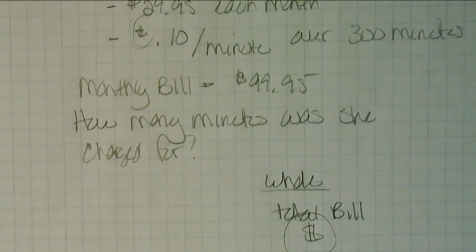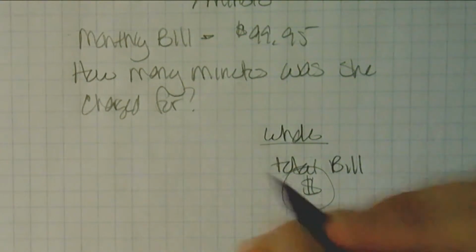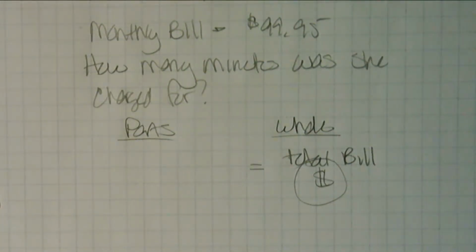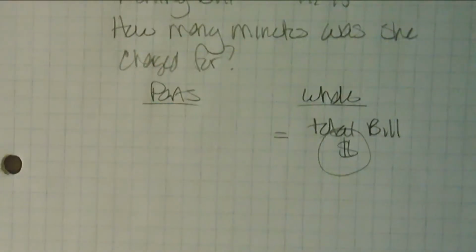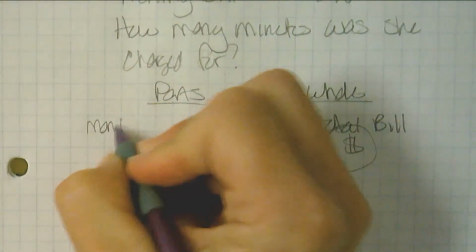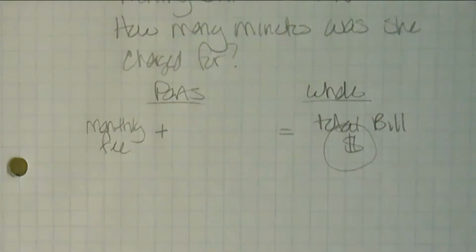We're talking about a total amount of money that we're paying in our bill. Now we're going to work backwards and figure out what exactly I am paying for. What are the things I'm paying for in my bill? Colin? The monthly fee. Yeah, so I have my monthly fee. What else am I paying for?